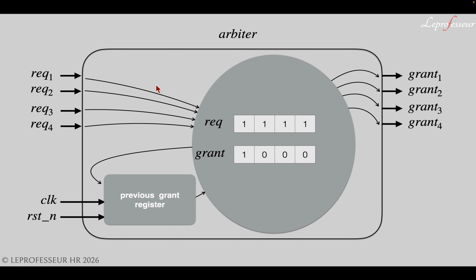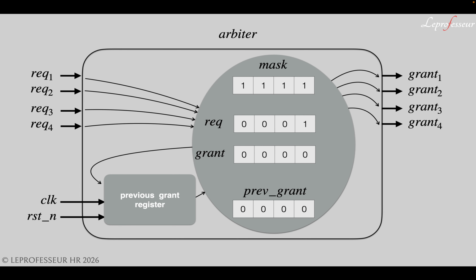So what can we do? We need some sort of masking criteria. If we create another variable called mask, we mask all the requests coming in and then provide a grant. Let's create a mask variable here. Initially, everyone is allowed. So we get a request 1, and if we mask it, meaning the AND operation between the mask variable and the request, we get a grant.